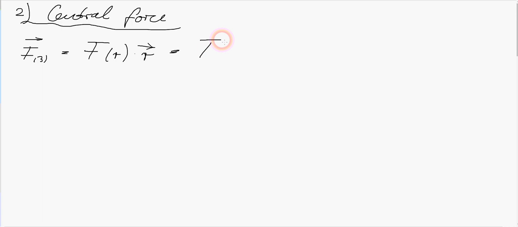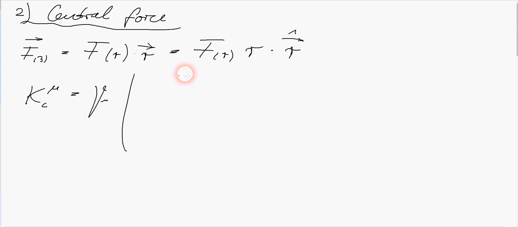And we can further write it like that when we have a unit vector pointing in the direction of r. Okay, from this we construct now a 4 force vector. I call it K^mu_C for central. We get gamma u, and here we just insert for F3 Fr times the unit vector r, times u, divided by c.